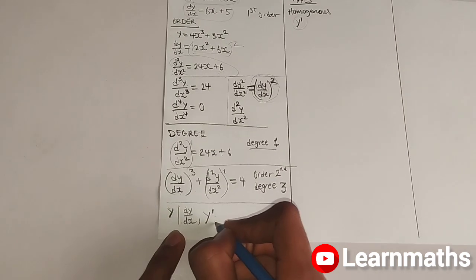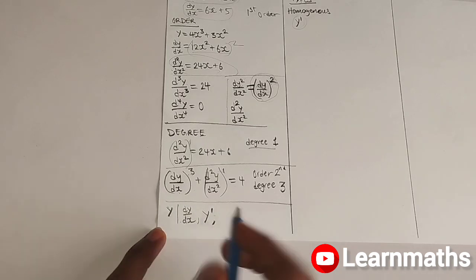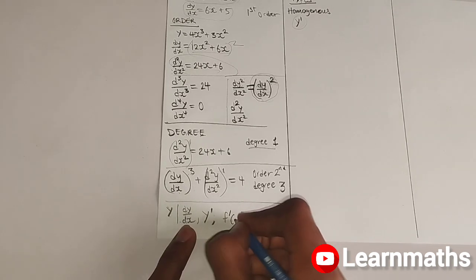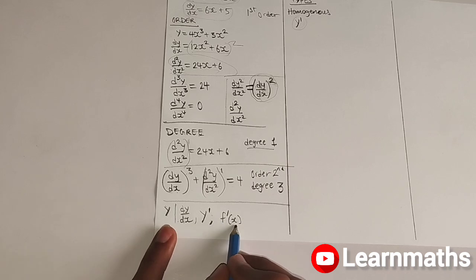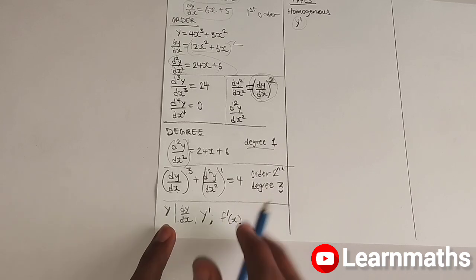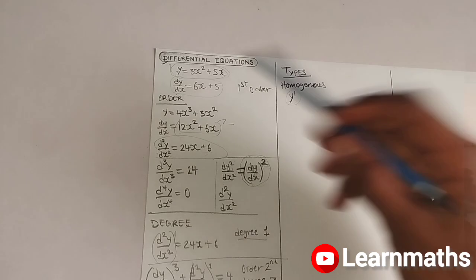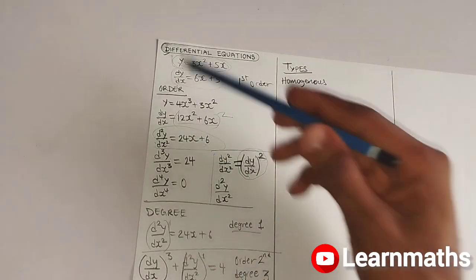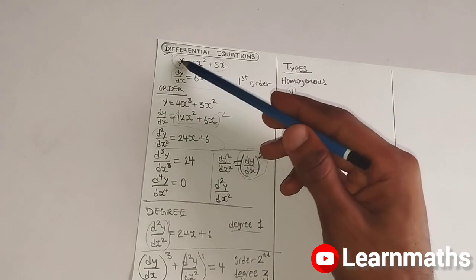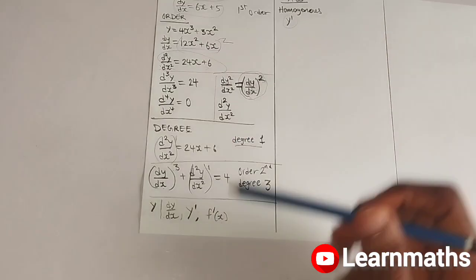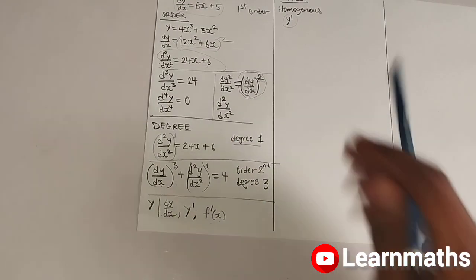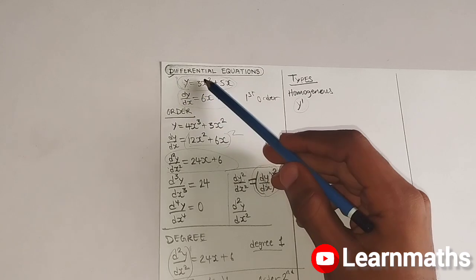Another way we can express the differential of y is f prime of x. This is f of x, which is actually the same thing as y. I believe we're all familiar with that term. This y here is f of x, a function of x. Y operates with x.